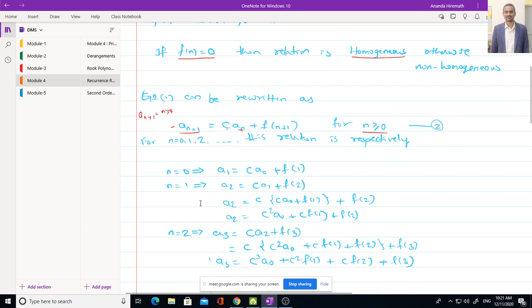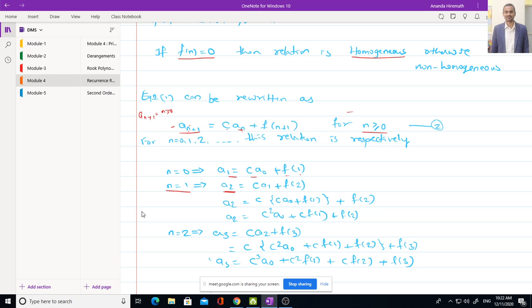Well, now if we put n equal to 0 in this second equation, then it will be a1 = c a_0 + f(1). Similarly, if you put n equal to 1 in that equation, it will be a2, because n plus 1 is 1 plus 1, which is 2.